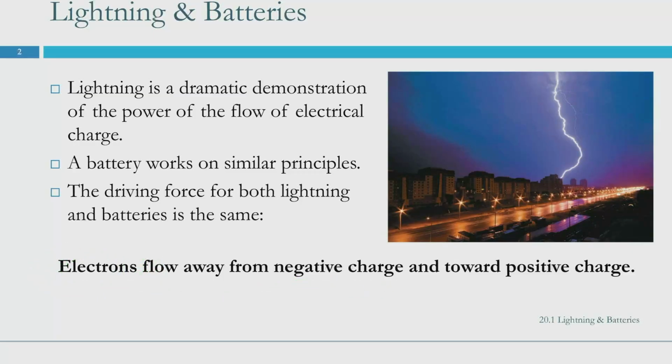They're negatively charged themselves, and so if you have a negative charge, the electrons are not going to want to be around that negative charge. They're going to flow towards the positive charge. So electrons go from a negative area to a positive area.